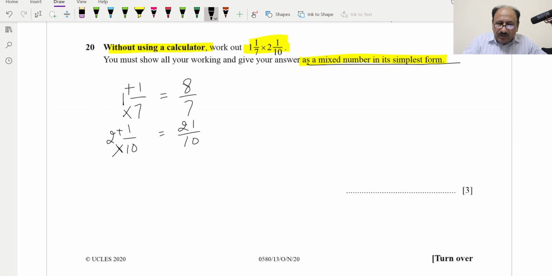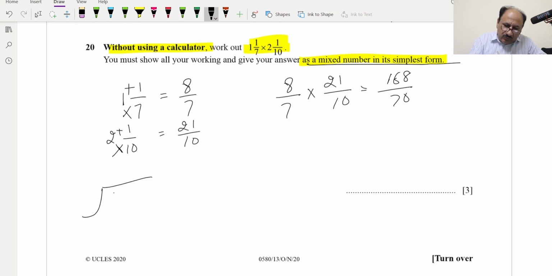And now we will be multiplying these two terms, 7 over 8 multiplied by 21 over 10, and we can now use a calculator, or we can multiply. 21 into 8 will be 168 divided by 70, which we can divide like this, 168 and 70.